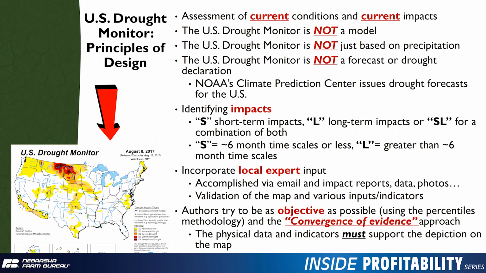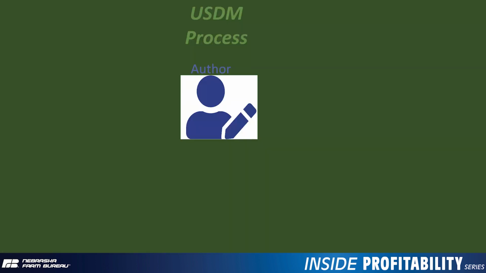So we look at the last 1 day to the last 5-6 years. So again, not a forecast. It's not a model. We're going to show you examples of many of the data inputs we use. And it's not just based on precipitation. So there's a lot that goes into it. And then there's a whole other world of how we validate the product to make sure we're putting out as accurate a map as we can. And I'll go into that in more detail as well.